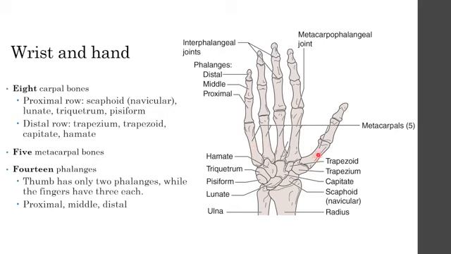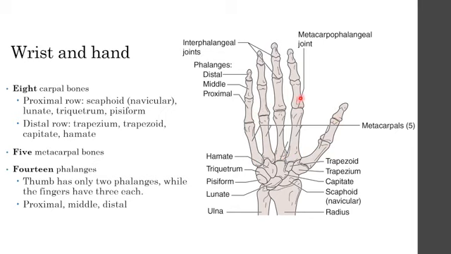As far as numbering our various fingers, we start from the thumb and move all the way to the pinky. So digit 1 will be our thumb, digit 2 will be our pointer finger, digit 3 will be our middle finger, and so on and so forth. Along with those 5 metacarpal bones, we have a total of 14 phalanges.